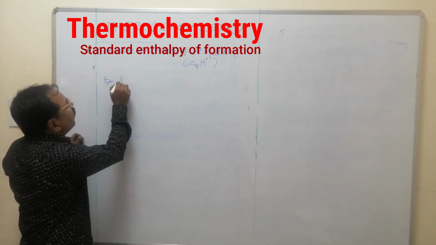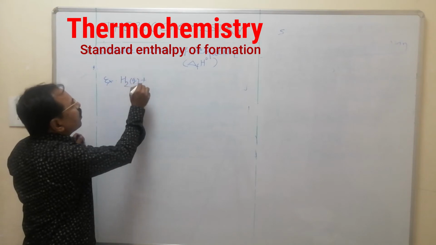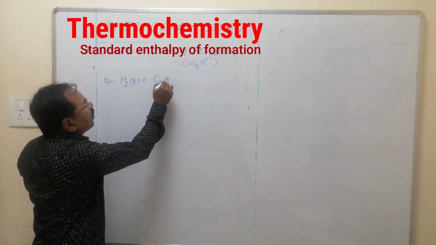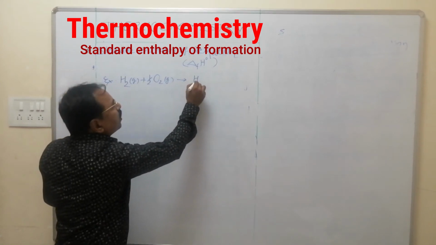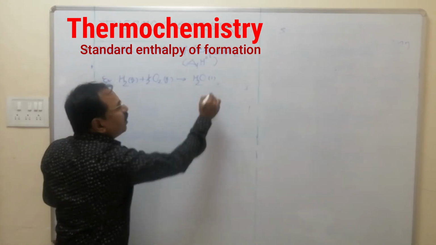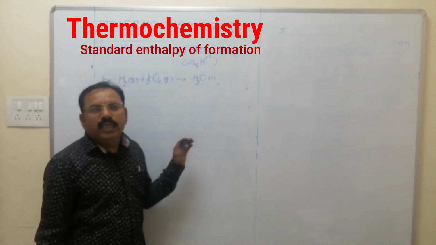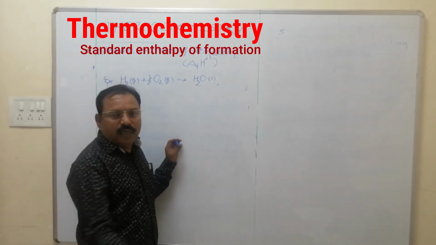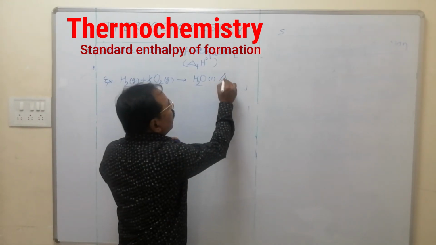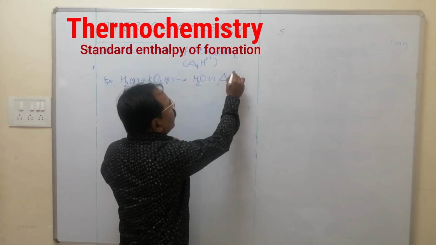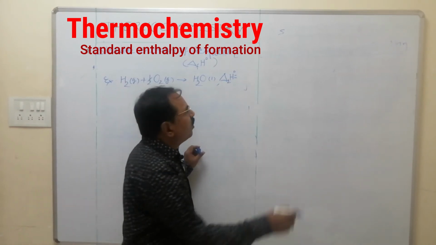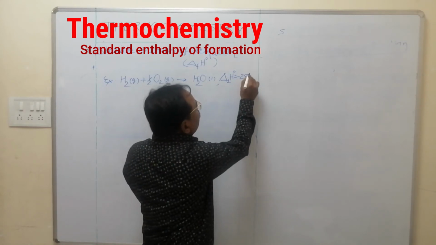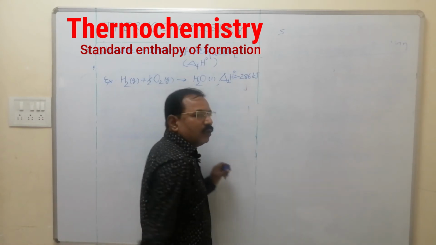There is formation of water, H2O liquid, and its change in enthalpy of reaction, that is delta r H 0, is equal to minus 286 kilojoule.